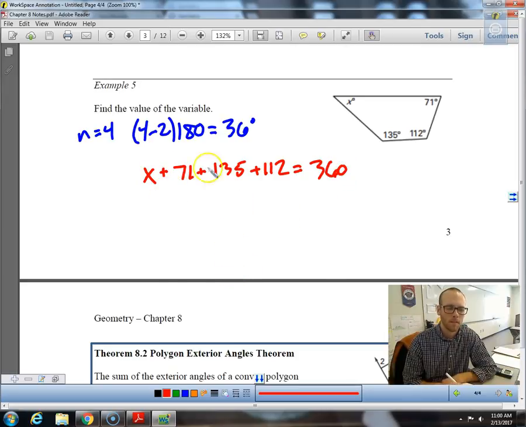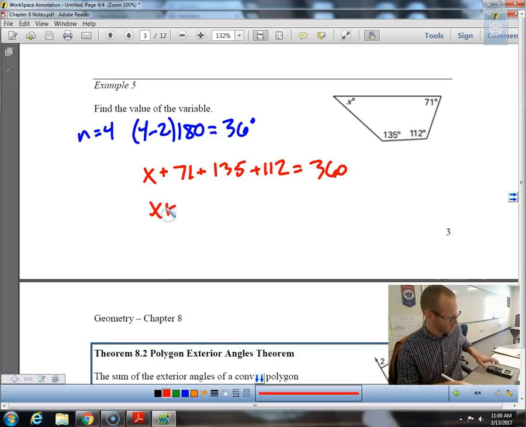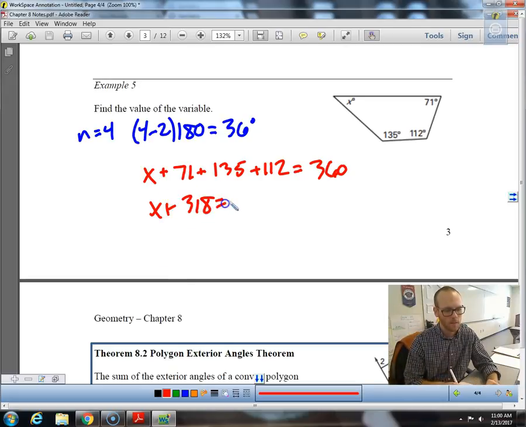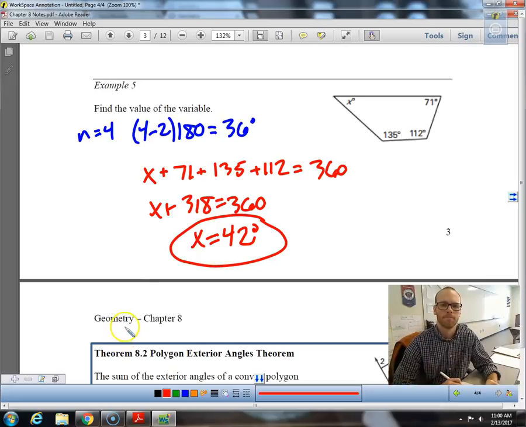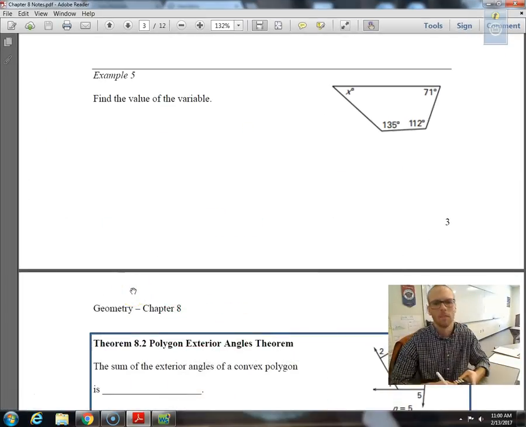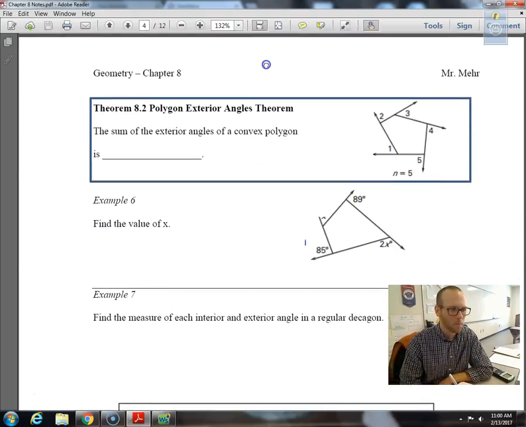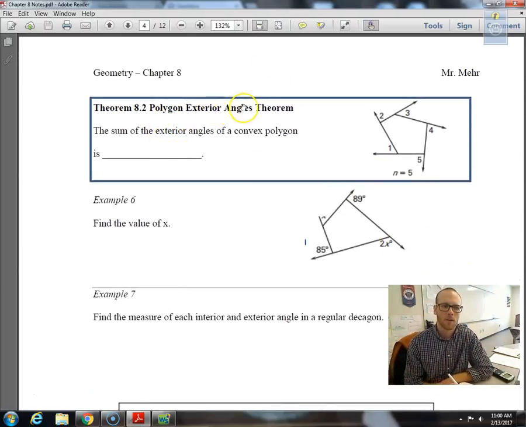If I add those together, 71, 135, 112, I'm at 318. So when I subtract, I get x is 42 degrees. Cool. Easy enough.